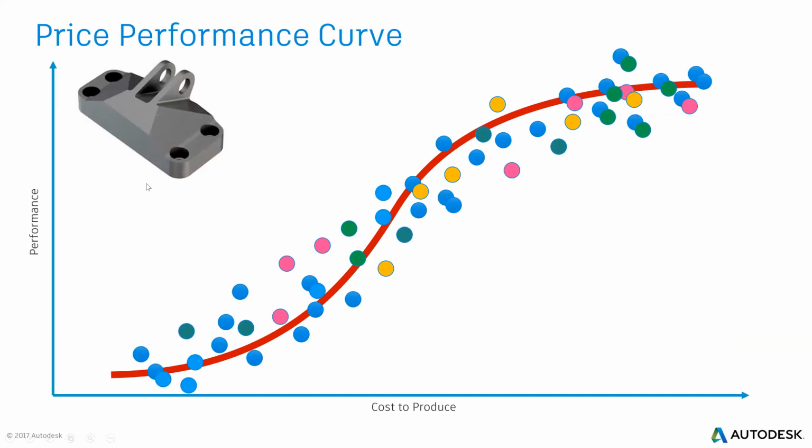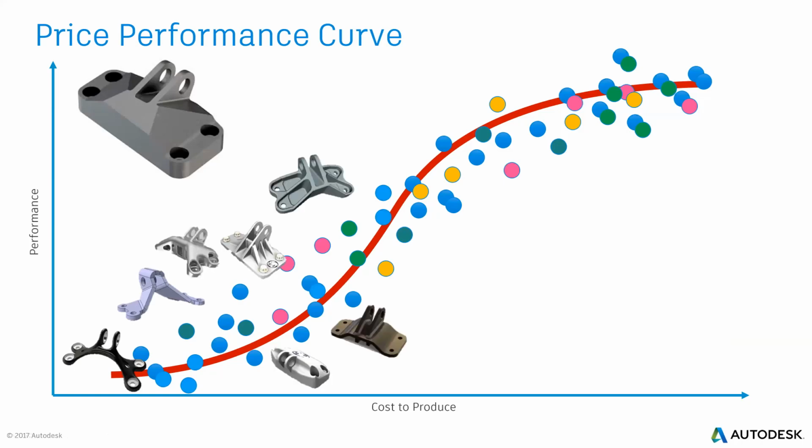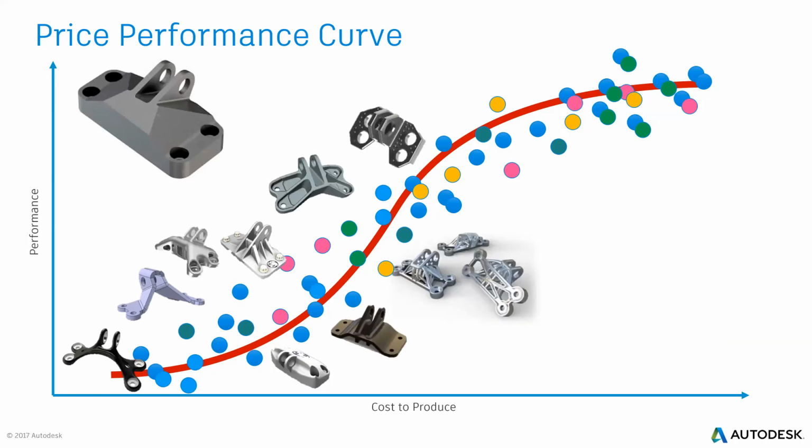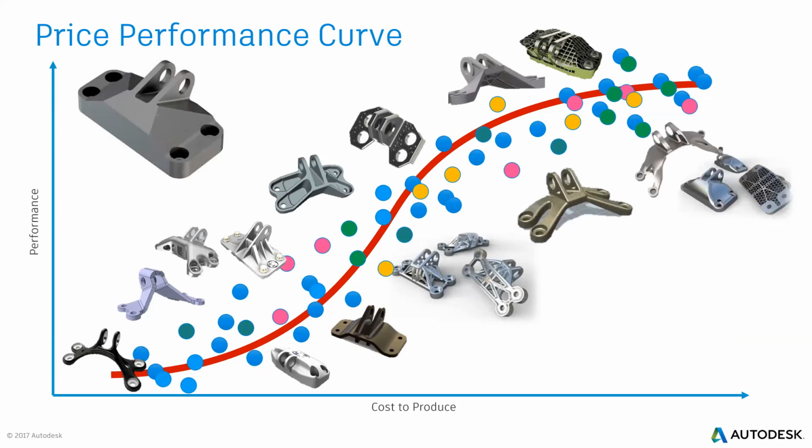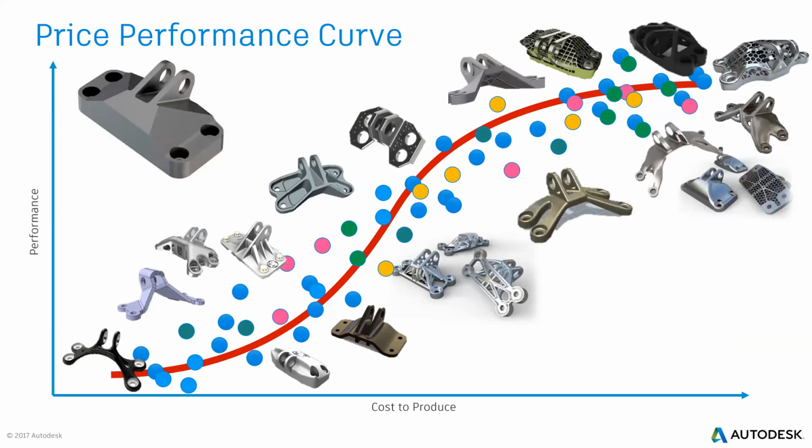So if I look at the overall cost versus performance, I am able to plot out a complete chart which helps me to provide the cost that is needed for me to produce the component using various different manufacturing methods.